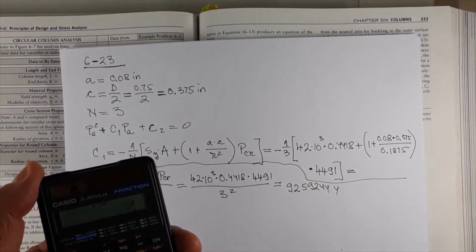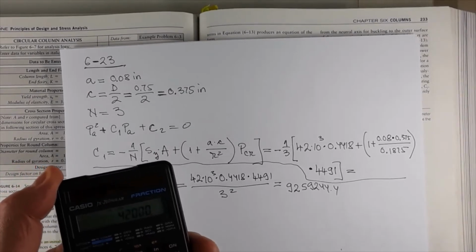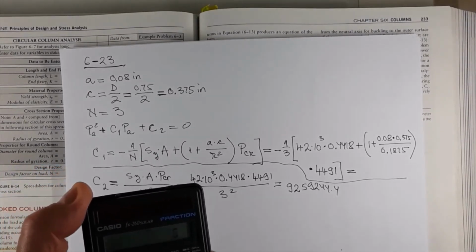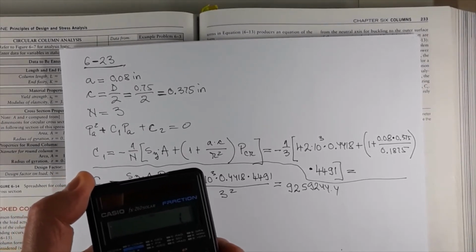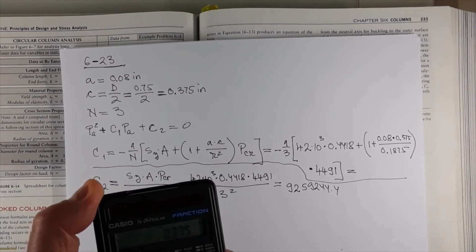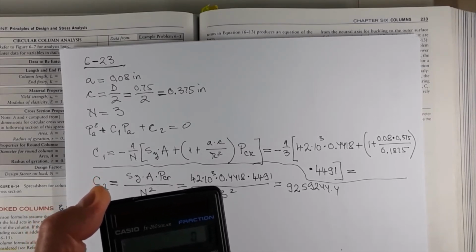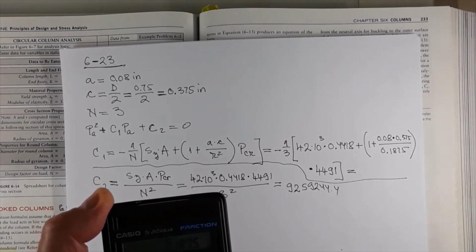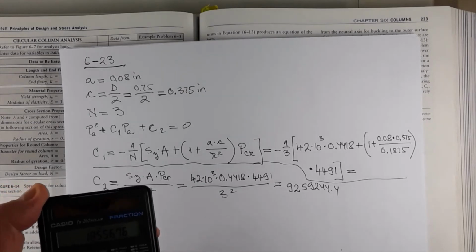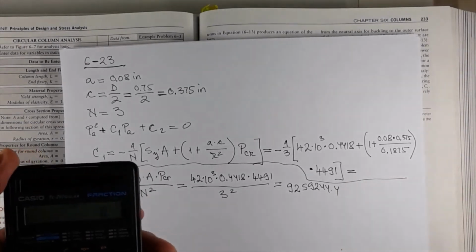Okay, and the other one, so I have 42 exponent 3 times 0.4418 plus parentheses 1 plus 0.08 times 0.375 over 0.1875. Okay, so equals, and need to start over.